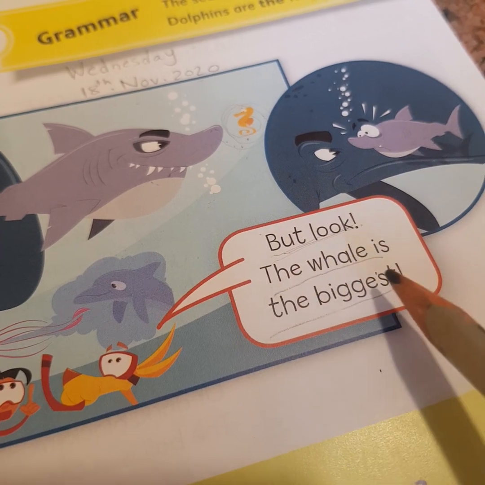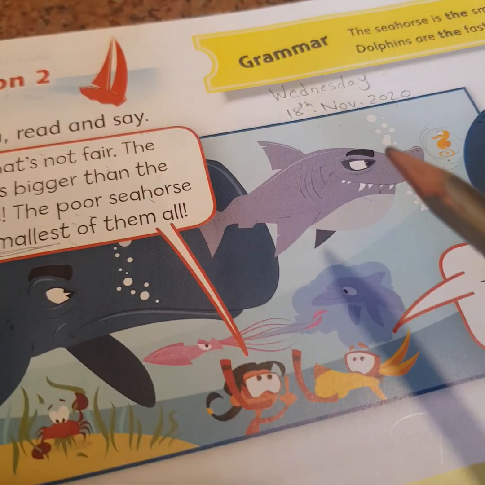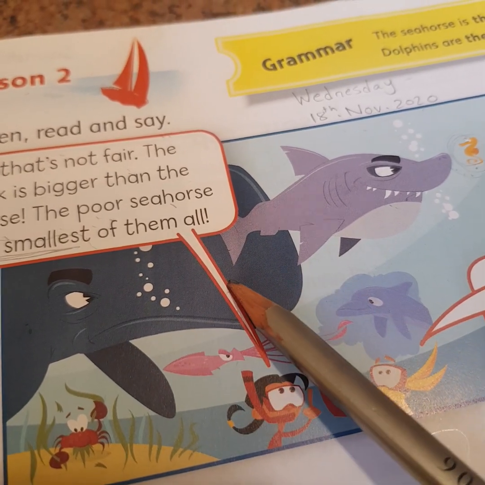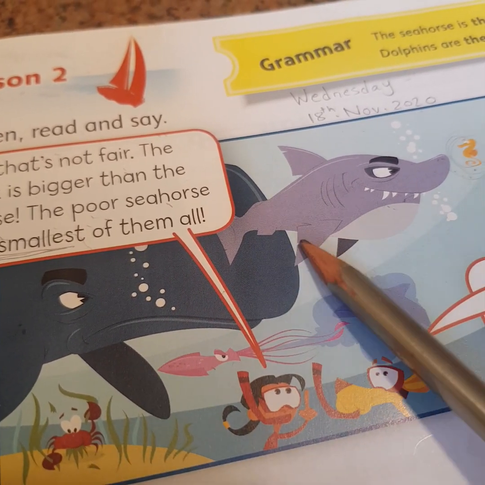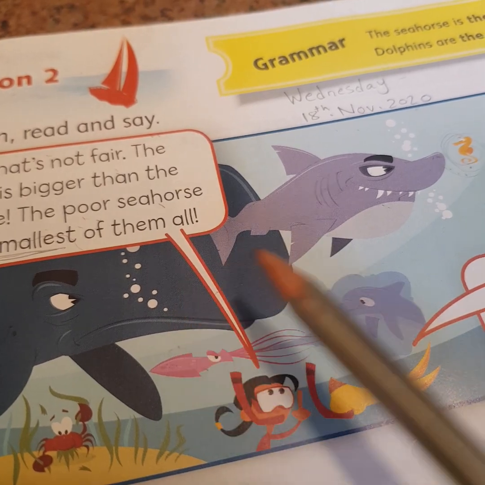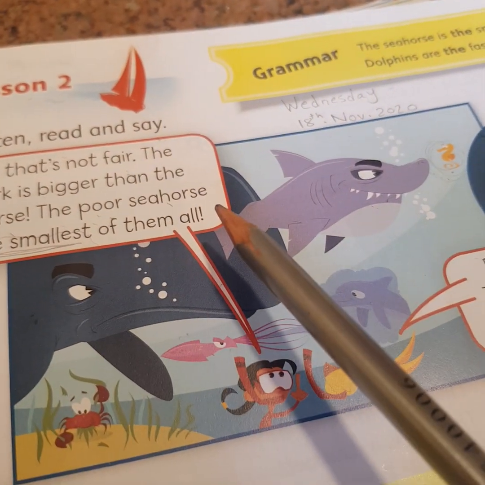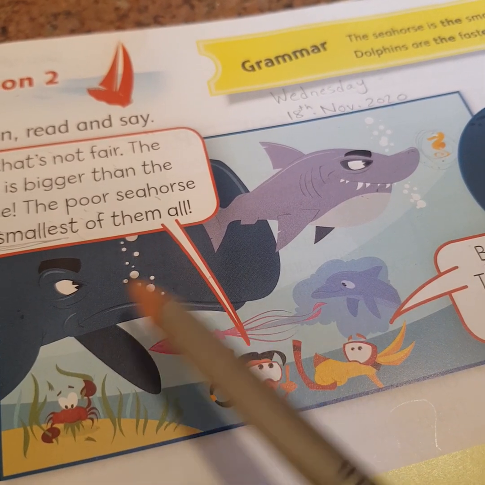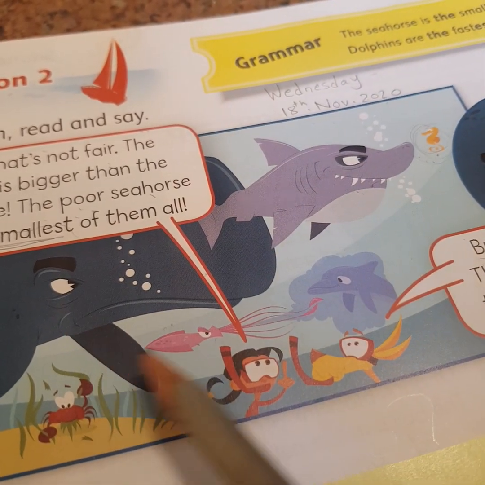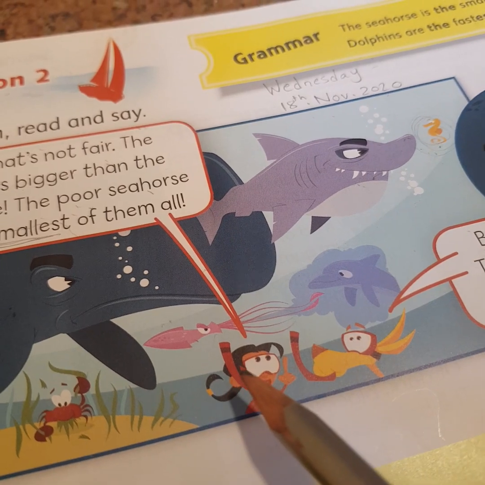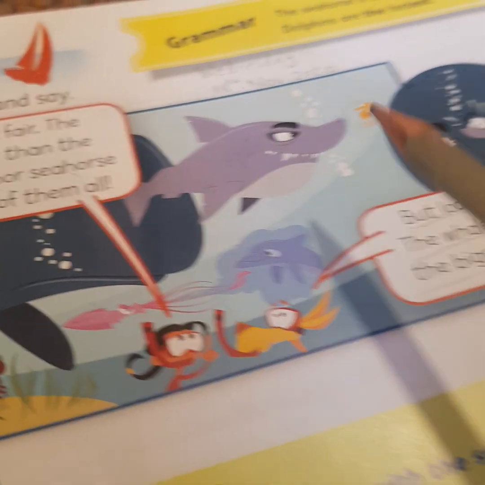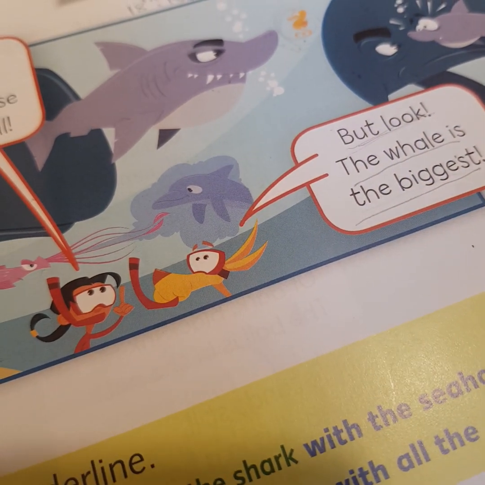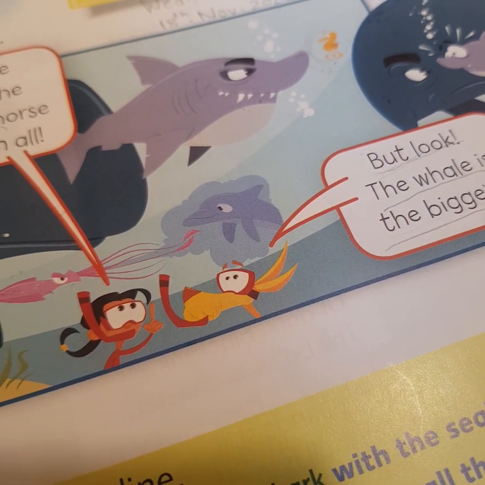He didn't compare the whale with the shark or the whale with the squid or the whale with the crab. هو ما قارن two animals. هو قارن الwhale, okay, with all the animals. So he compared the whale to all the animals, to a group of animals. That's why استخدمنا superlative form. Okay.